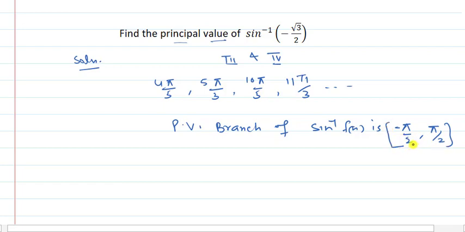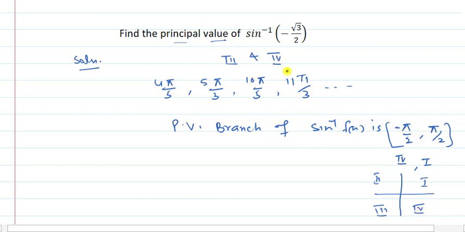So it means we need to go either in the fourth quadrant or in the first quadrant. There is no space for the third quadrant because of the principal value branch. Let me draw the quadrants over here. This is the first quadrant, second quadrant, third quadrant and fourth quadrant.